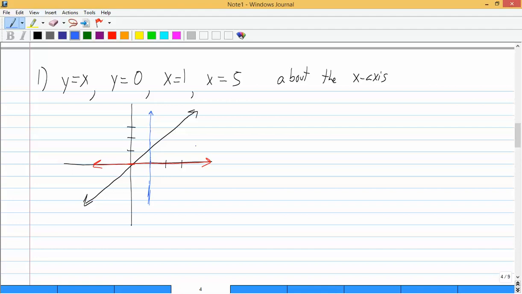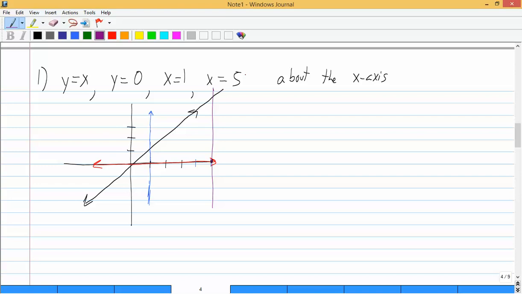And then x equals 5. So I might have to put a few more tick marks here. So I might have to count out 2 more. Okay. I'm also going to extend my graph y equals x. So 1, 2, 3, 4, 5. Here's where x equals 5. Okay.